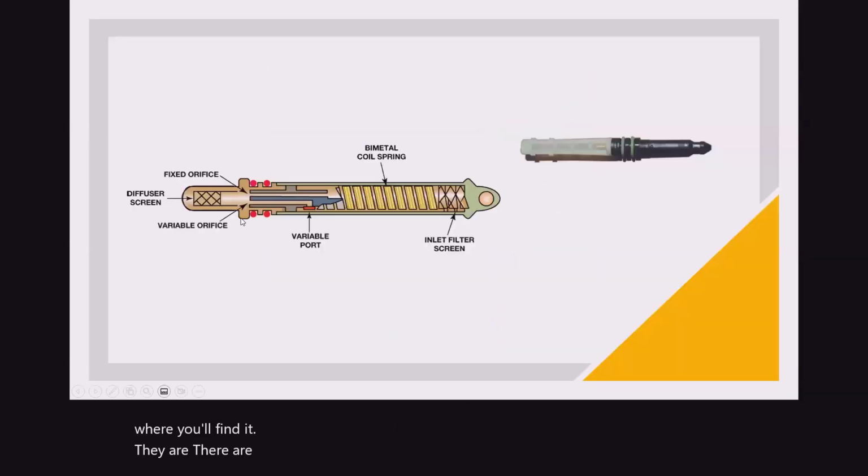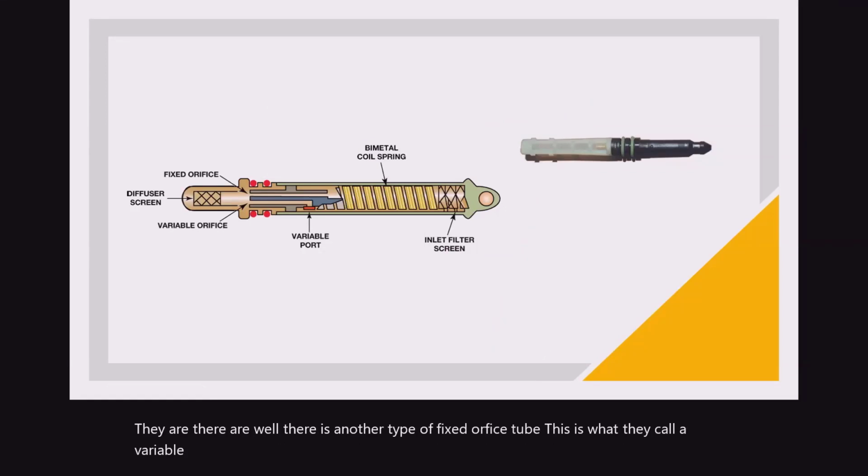There is another type of fixed orifice tube. This is what they call a variable orifice valve system. It uses kind of a bimetal coil spring to sense the temperature.